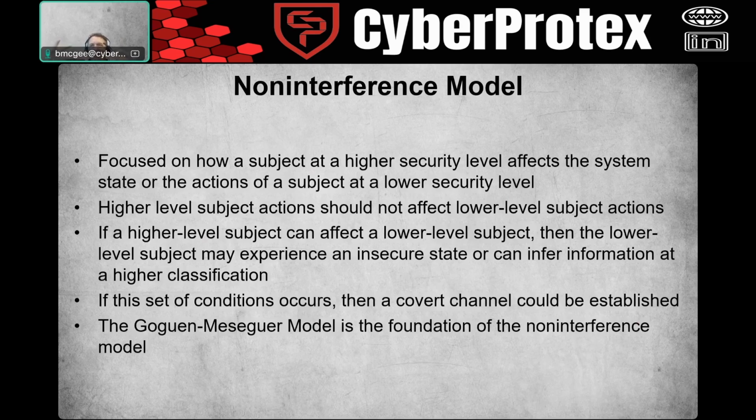This idea was implemented, I think, to ensure that any action that takes place at a higher security level doesn't affect or interfere with actions that take place at a lower security level. It doesn't look at the flow of information that we were just talking about. This looks at what a user or subject knows about the state of the system.